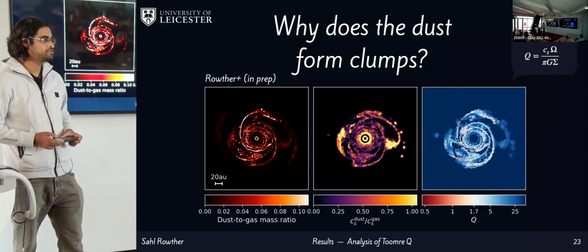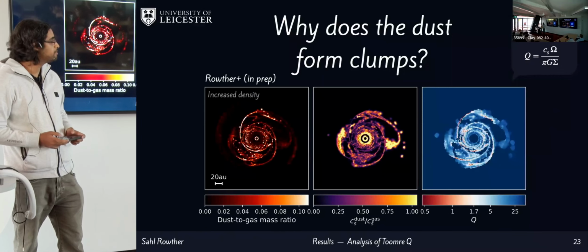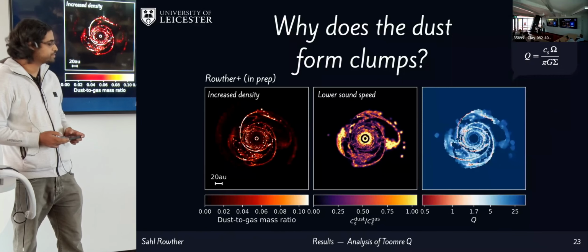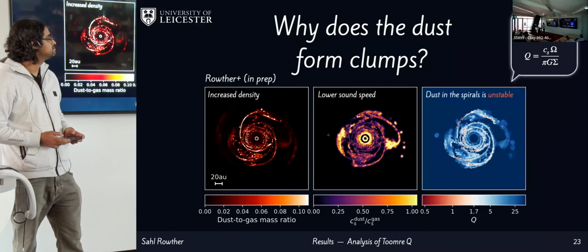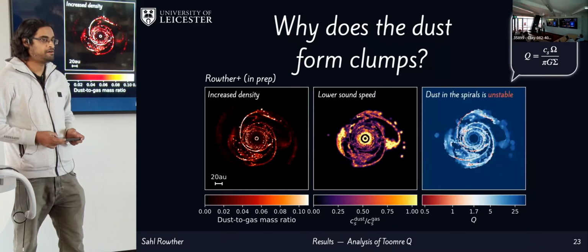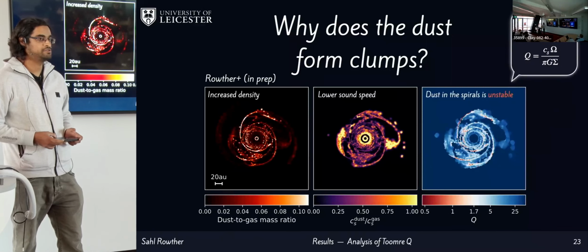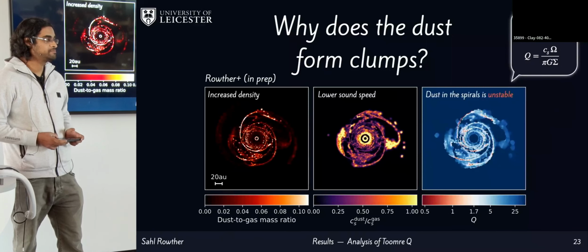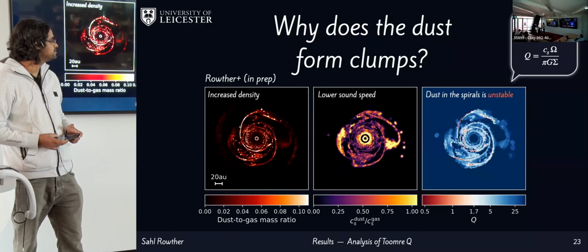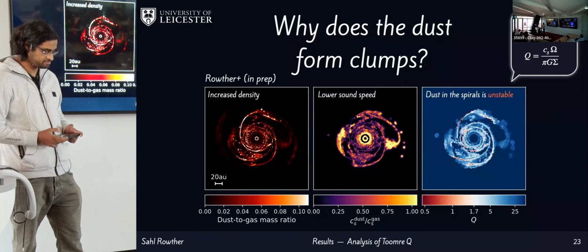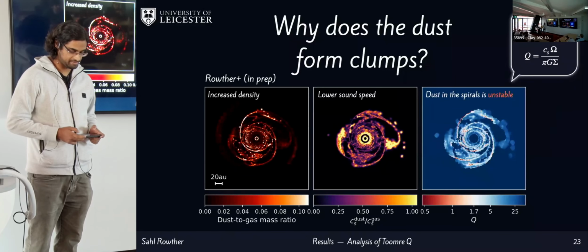The combination of the two, if you remember the equation for Toomre Q, which is also on the top right, is that a lower value for c_s and a higher surface density means that in the spirals, the dust disk is unstable, as you can see by the red regions, where Q is less than 1.7.